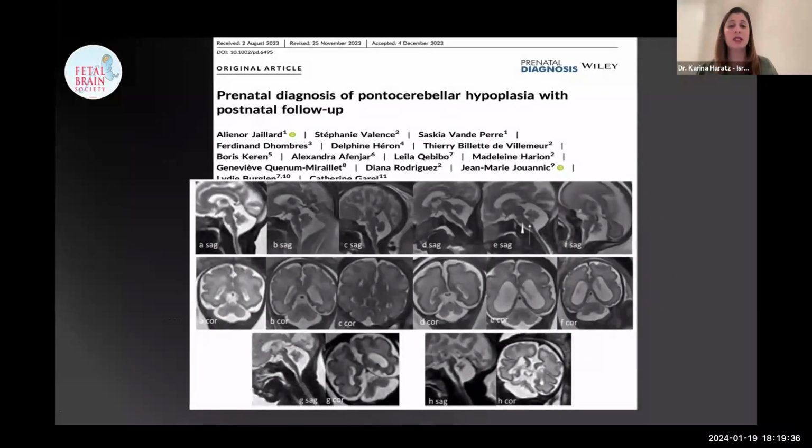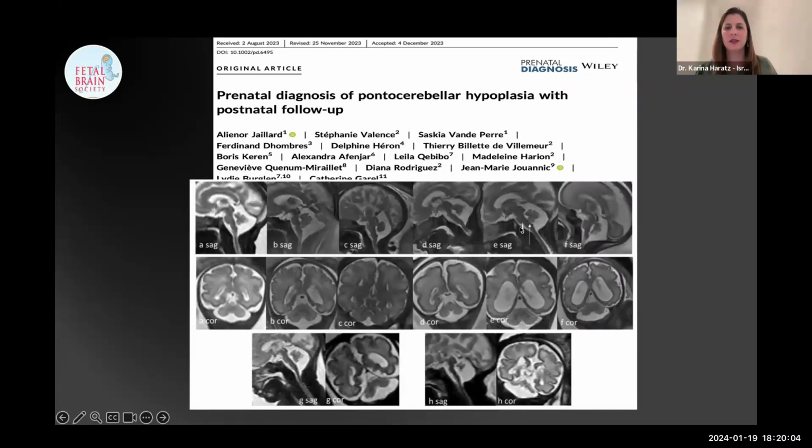What is very, very interesting is that if you see the postnatal imaging of pontocerebellar hypoplasia, the imaging is very, very abnormal and severe. And during fetal life, in many cases, the morphology is still quite kept. Okay, so this is another take-home message. Do measure. Here is easier, okay?